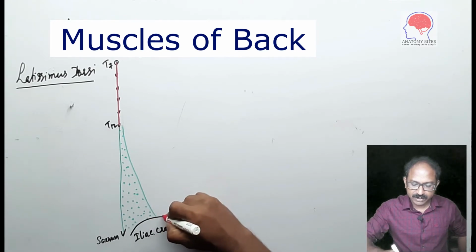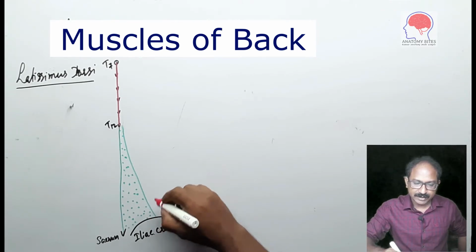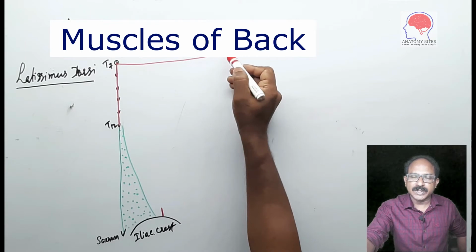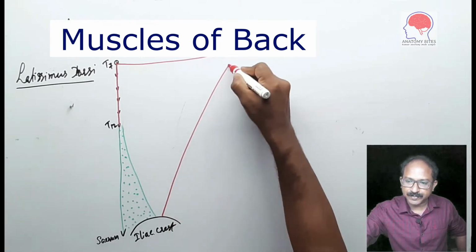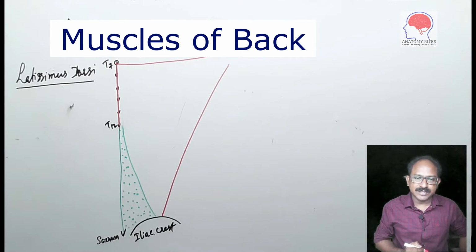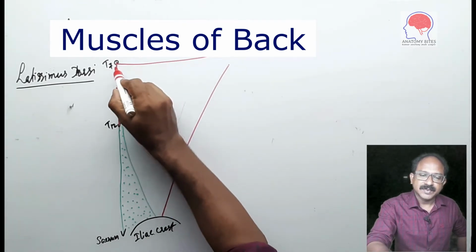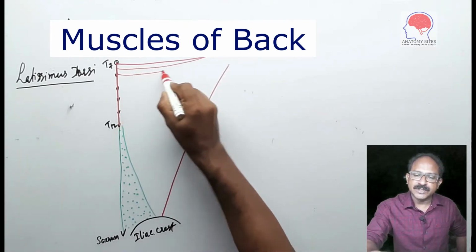Few fibers also arise from the iliac crest. The upper fibers are almost horizontal, the lower fibers are almost vertical. They ascend and they converge.